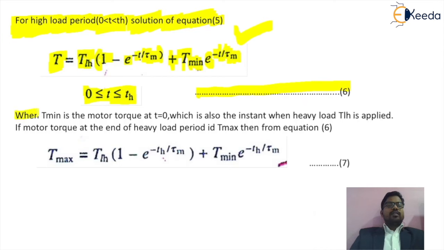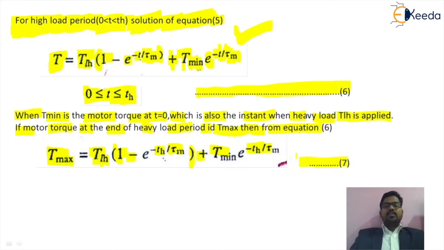When T minimum is the motor torque at t equal to 0, which is also the instant when the heavy load TLH is applied, and the motor torque at the end of the heavy load period is T max, then from equation number 6 we get one of the important equations, equation number 7: T max is equal to TLH, the load torque for the high load, in bracket 1 minus e raised to minus Th divided by tau m, bracket complete, plus T minimum e raised to minus Th divided by tau m.